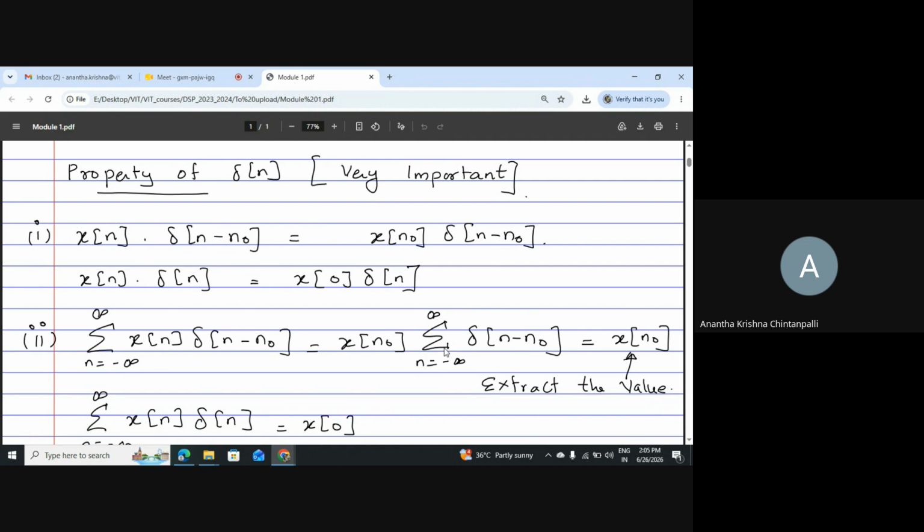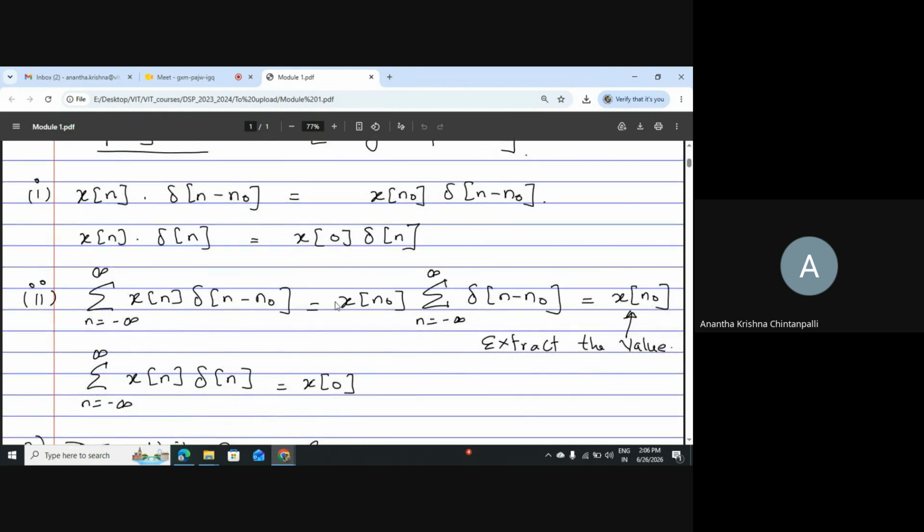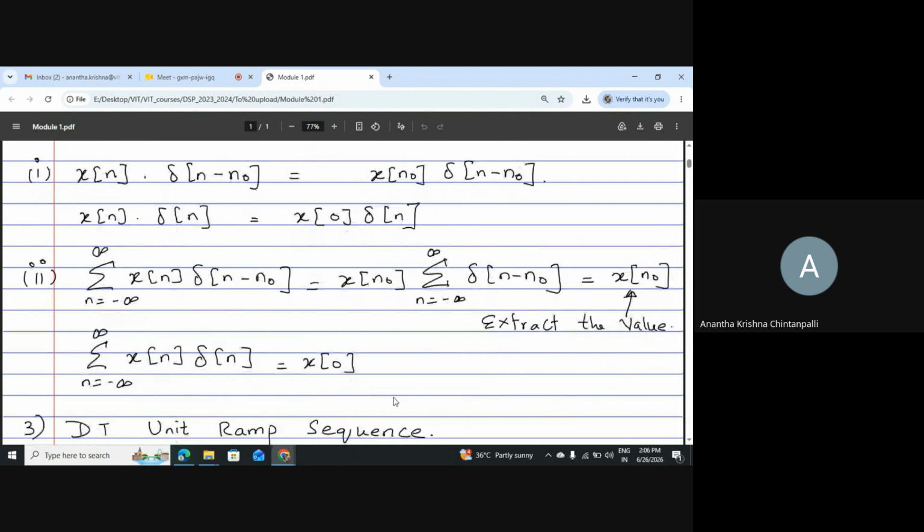For other values of n, the value is 0. Then you add it across, and you see only one value, number 1. So x of n naught. So now if you put n naught equal to 0 here, the summation of x of n delta of n is nothing but x of 0.